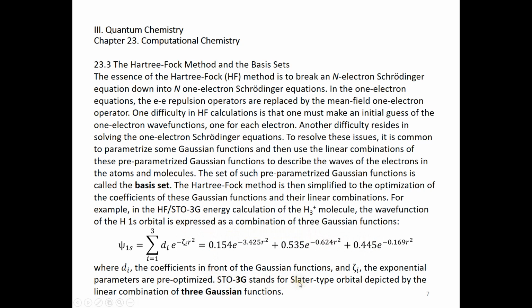STO stands for Slater type orbital. 3G stands for 3 Gaussian. So you can see there are 3 coefficients in front of the Gaussian functions, and also those exponential parameters. All those numbers are predetermined before the calculation is conducted.